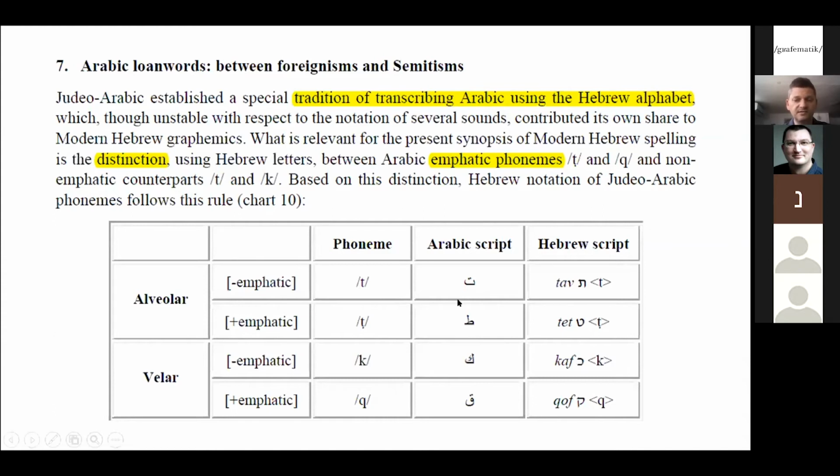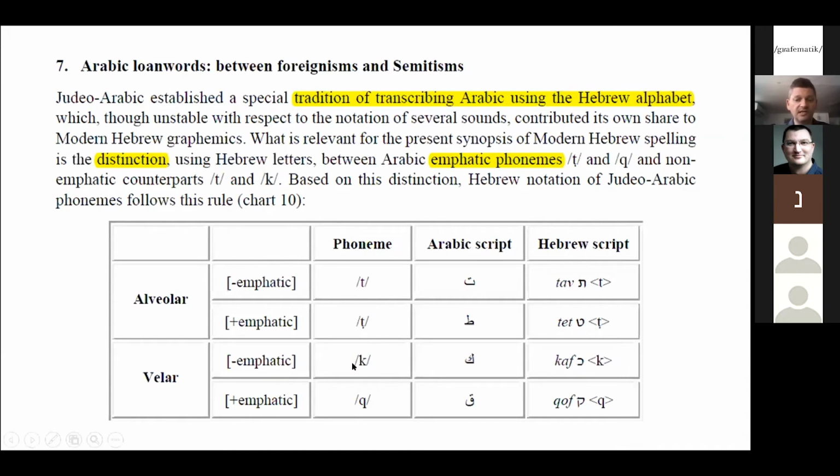So these different letters in Hebrew correspond to different letters in Arabic, and thus maintain the etymological connection between both languages, which of course does not exist when it comes to European languages.